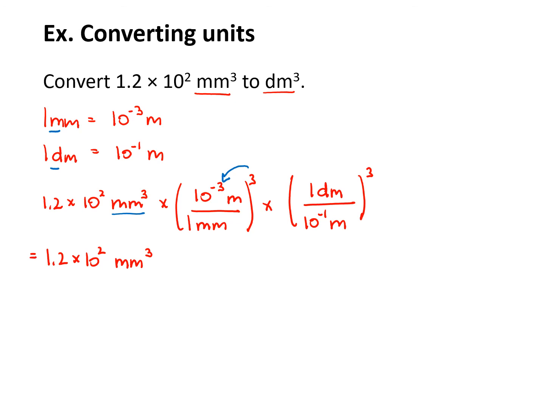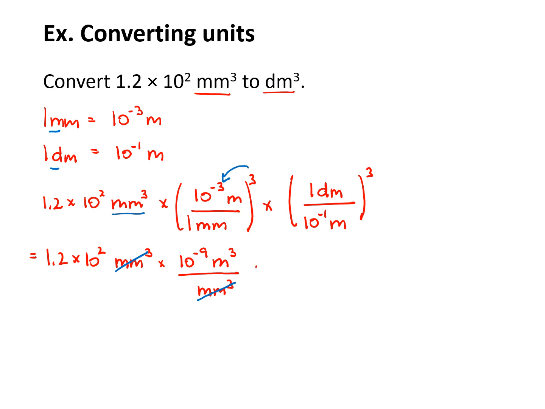So here we have minus 3 raised to the power 3, which is equivalent to minus 3 times 3, which gives us 10 to the power of minus 9 cubic meters divided by cubic millimeters. And you'll see here that our cubic millimeters cancel, leaving us with units of cubic meters.